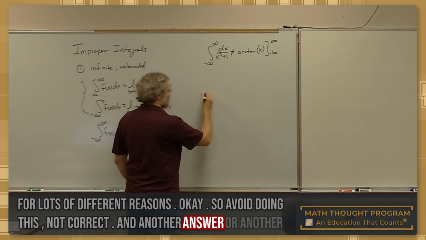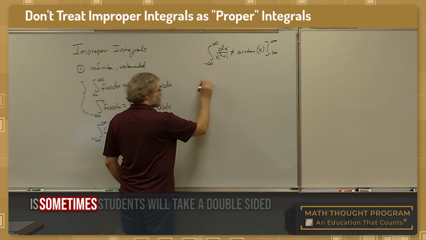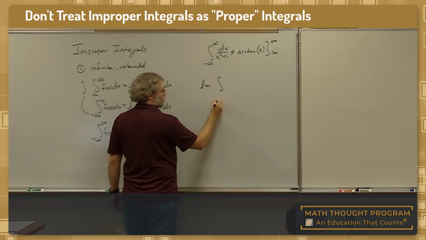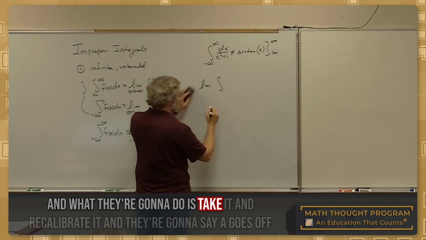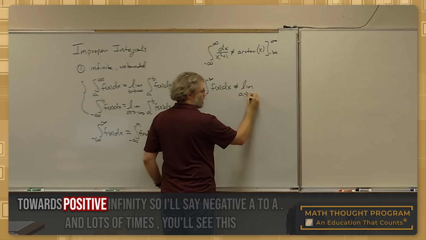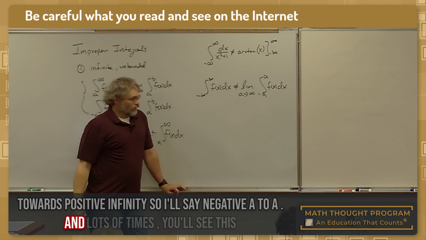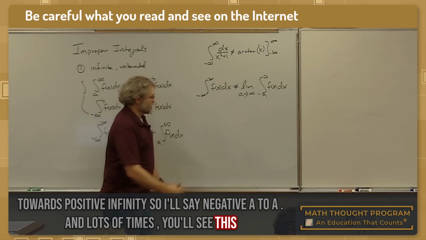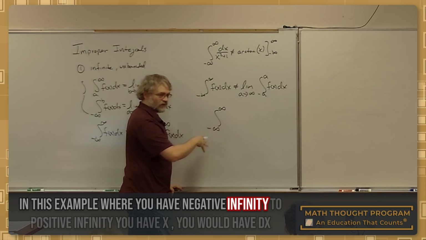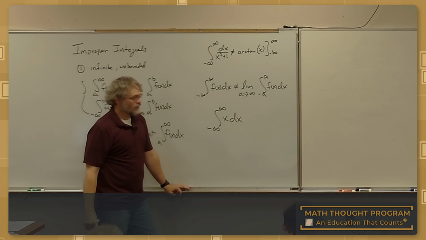Another response that comes up from time to time is sometimes students will take a double-sided integral and recalibrate it. They're going to say a goes off towards positive infinity, so I'll say negative a to a. In this example, you have negative infinity to positive infinity of x dx.